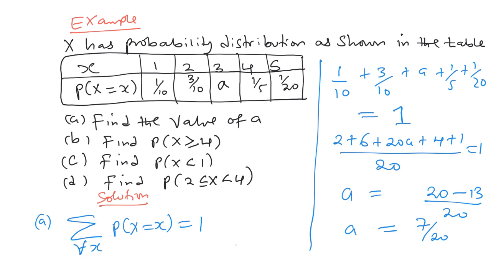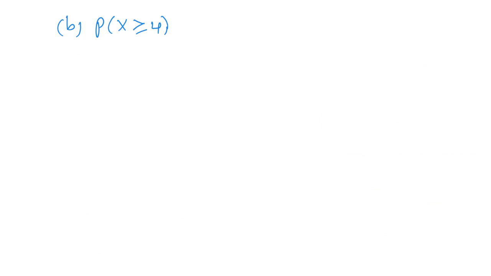Now the next part, they want to get the probability of X greater or equal to 4. X values that are greater or equal to 4. What do we get? So the probability of X greater or equal to 4 will be equal to, let's see the values we are going to consider. We have the probability of X is equal to 4 and the probability of X is equal to 5.